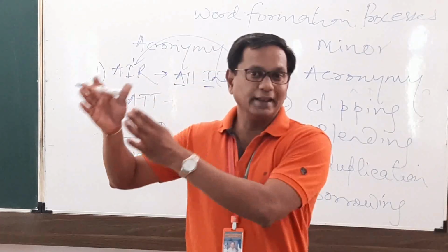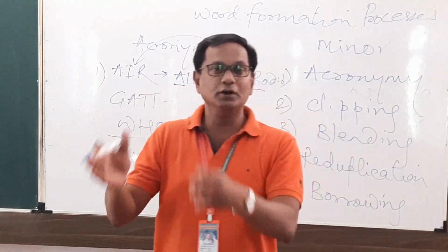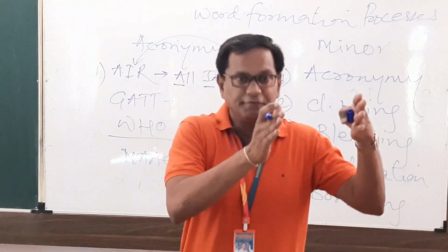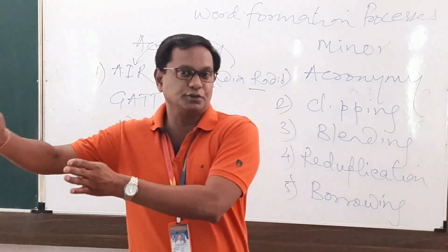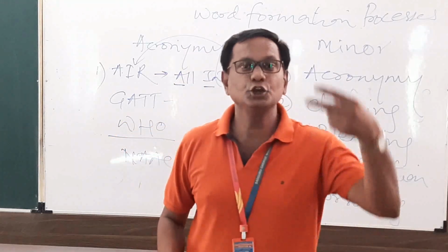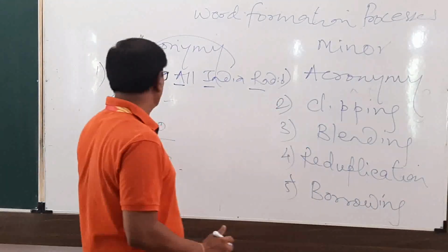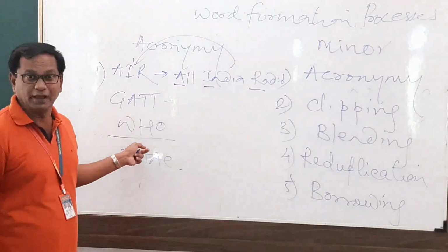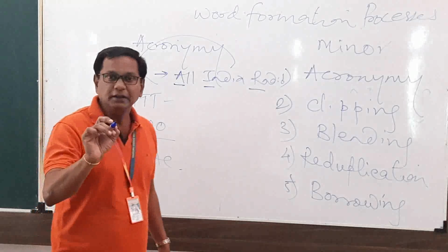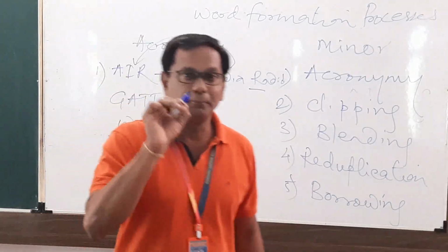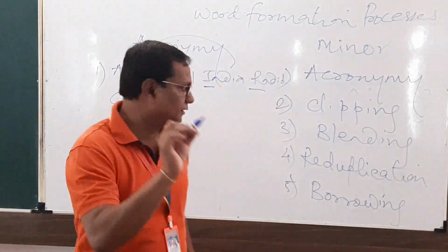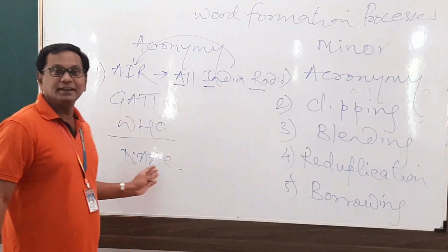From these three words, we have selected the first letter from these successive three words, WHO. We use it as WHO as a word, but actually it's not a word, it's a formed word by applying the process of acronymy.